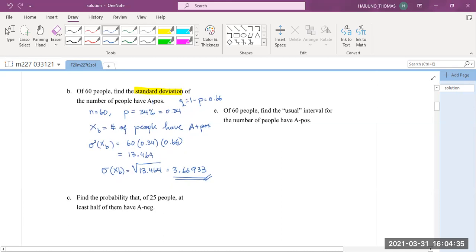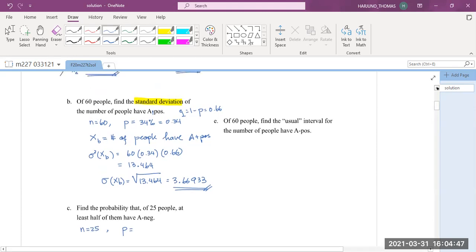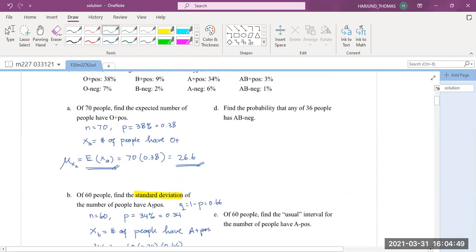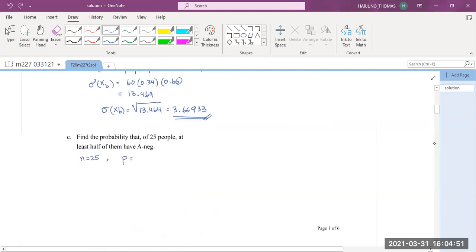Part C, find the probability that of 25 people, at least half of them have A negative. So probability of A negative, let's see, A negative, only 6%. That's 0.06. So let X subscript C be the number of people with A negative.